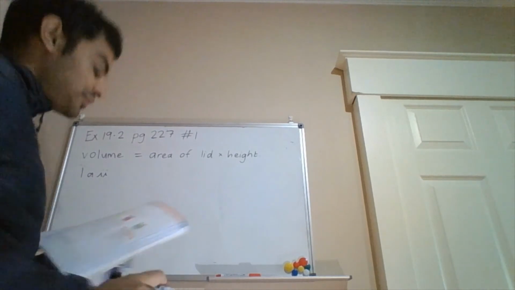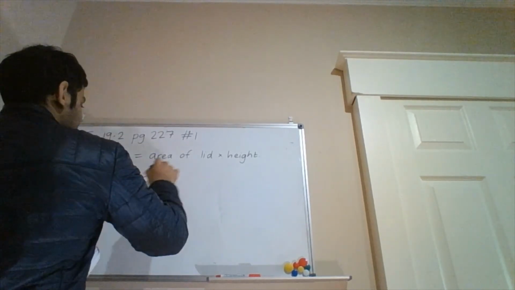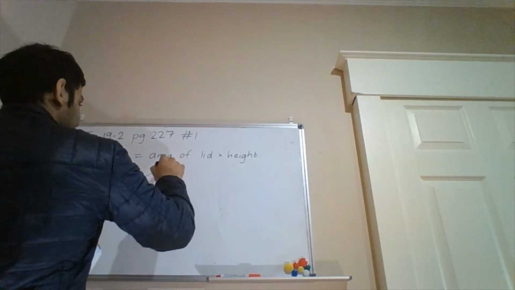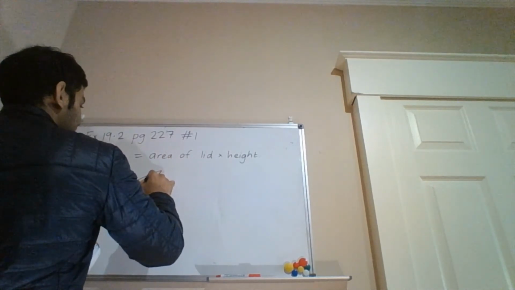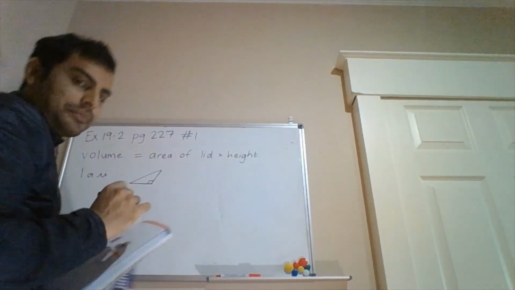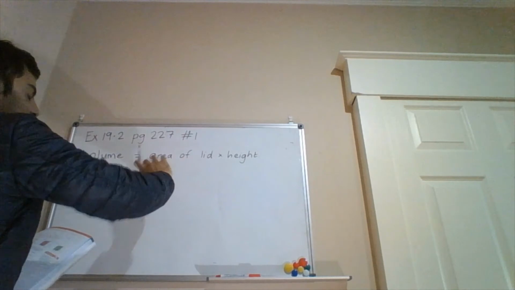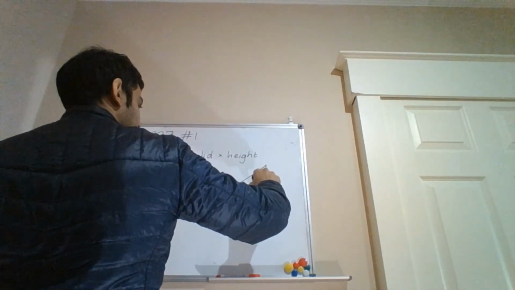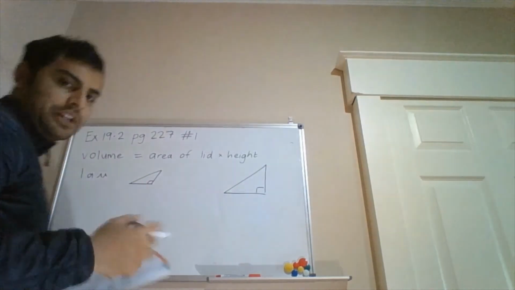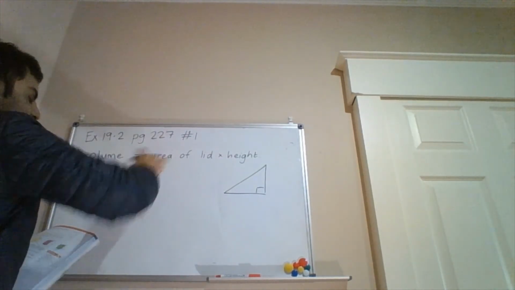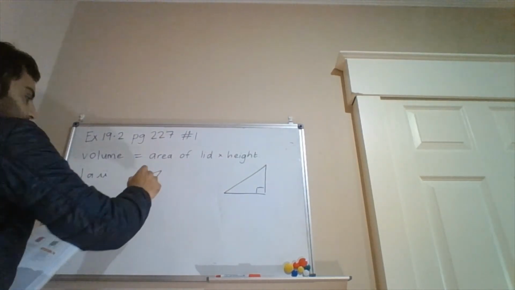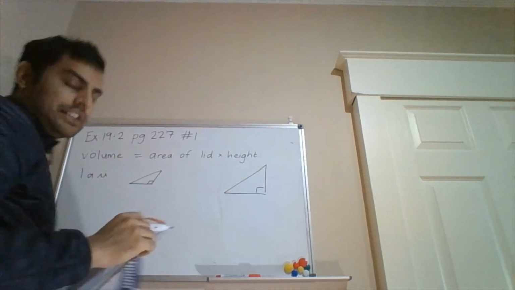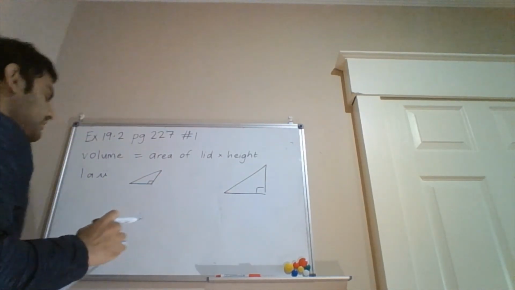The lid is a triangle, but it's one of those special triangles. It's got 90 degrees over here. If we turn this triangle to be flat, it would look something like this with 90 degrees. But because it's shown here in 3D, it's just a little bit tilted. Still, this angle is 90 degrees, even though it doesn't look like it.